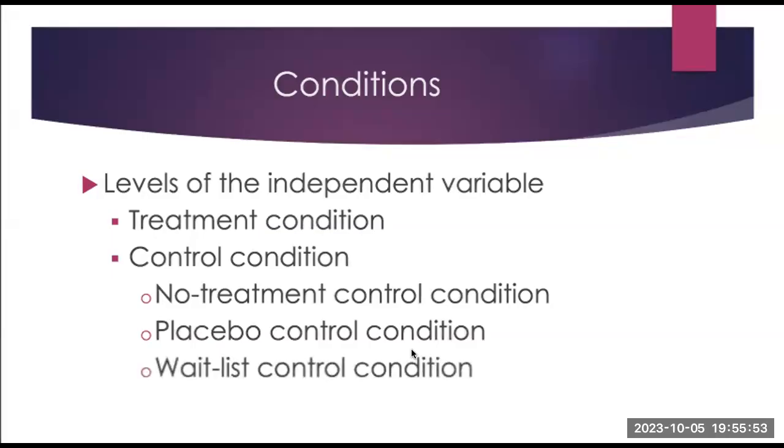So, no treatment control condition means they would have no coffee, for example. Placebo control condition would be that they have a drink, but they don't know whether it's coffee or not. And then you have a waitlist control condition where they get coffee, but it's staggered, it's later on. The reason that we do a waitlist control condition is because it is no longer considered ethical to keep somebody away from a treatment that will help them.